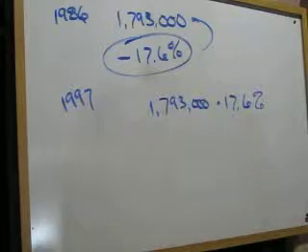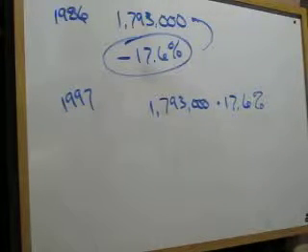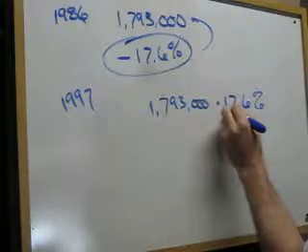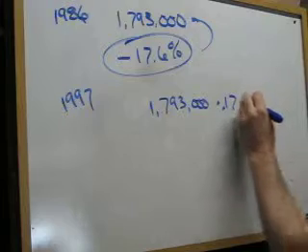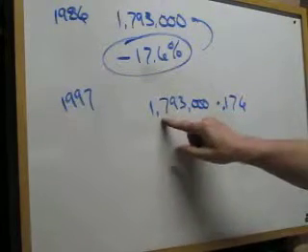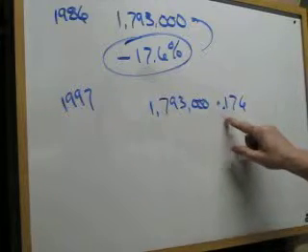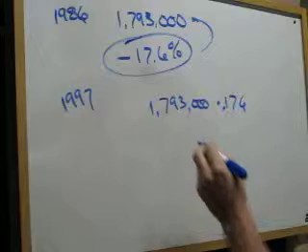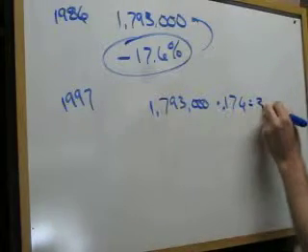In order to actually multiply this, I've got to change that 17.6% to a decimal. So I'm going to put my decimal there and take it away from here because it has to move over two. So 1,793,000 times 0.176.